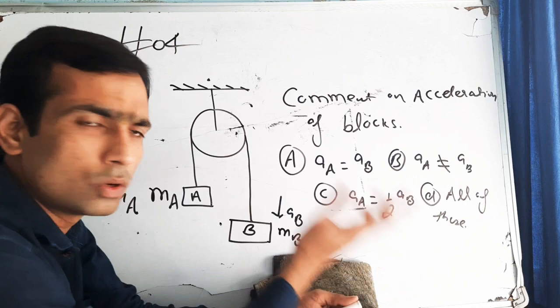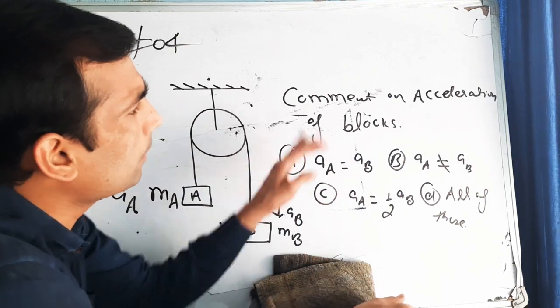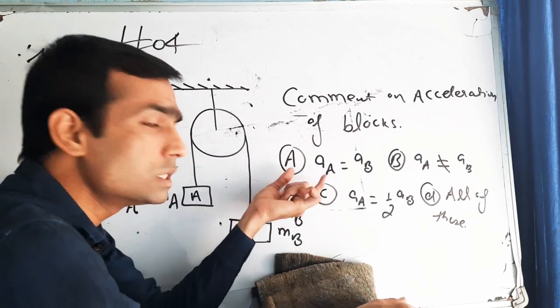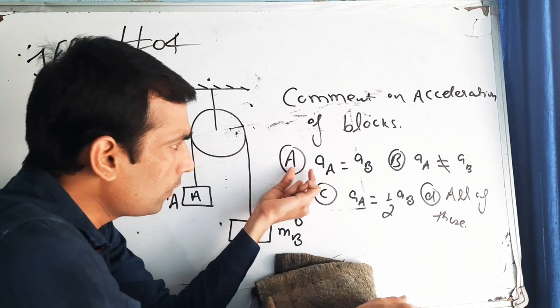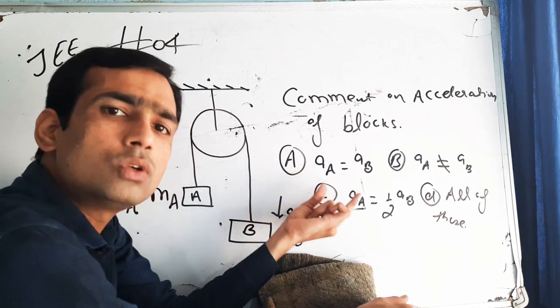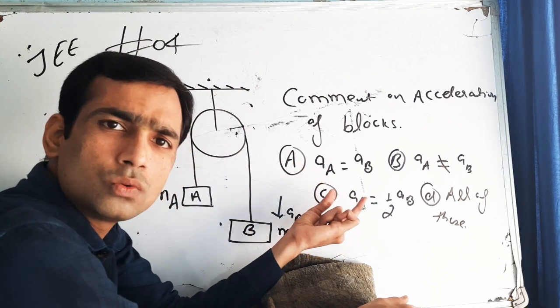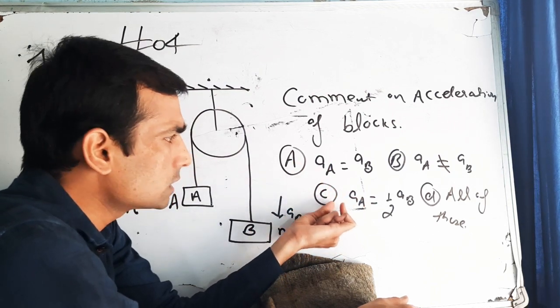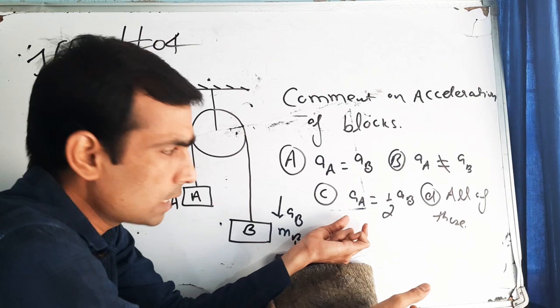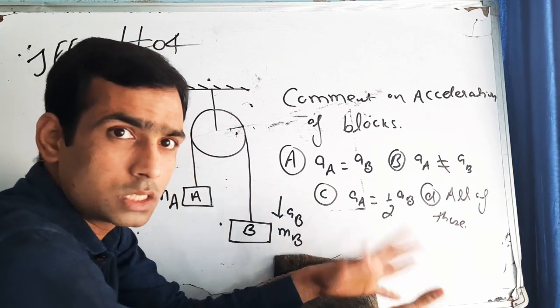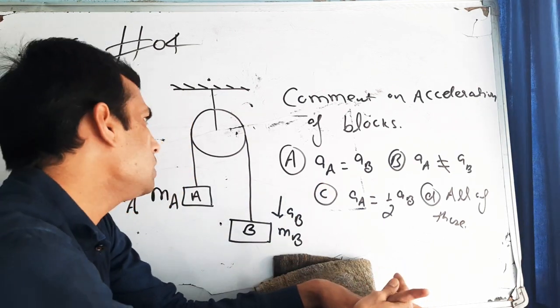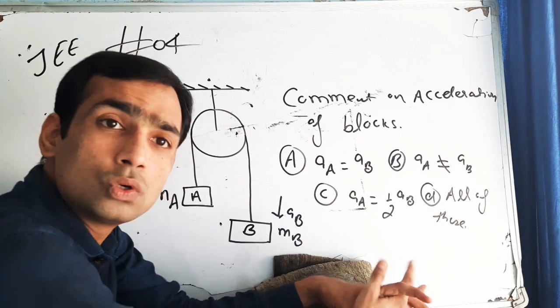You can take it as per your choice. And the question is to comment on the acceleration of the blocks. This is the relation: acceleration of A is equal to acceleration of B, acceleration of A is not equal to acceleration of B, acceleration of A is half times the acceleration of B, or all of these. So take a screenshot. After that I'll solve the question step by step.